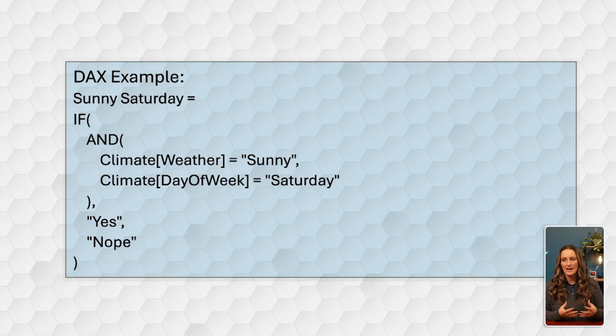If it does not say sunny or does not say Saturday in either of those columns, then it is going to put the word nope, because both conditions are not met. So if one column says sunny and the other says Monday, it's going to put nope. It has to meet both the sunny and Saturday conditions.